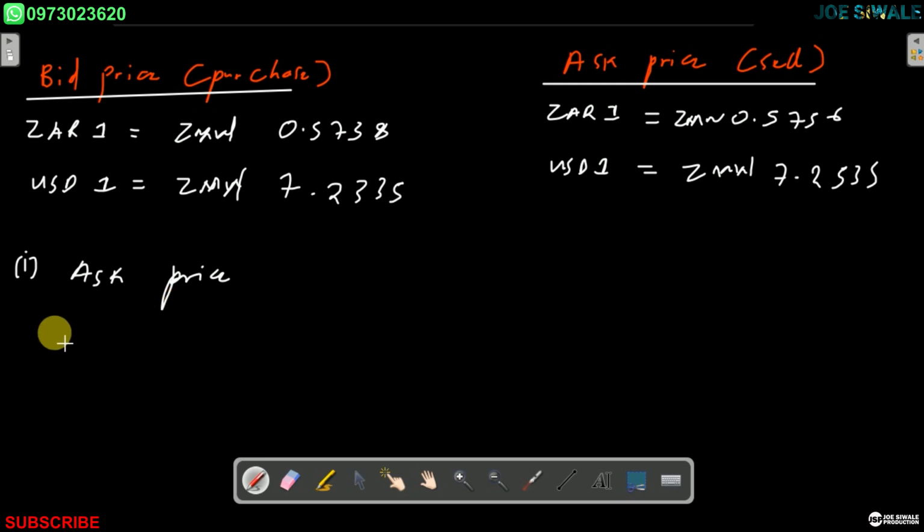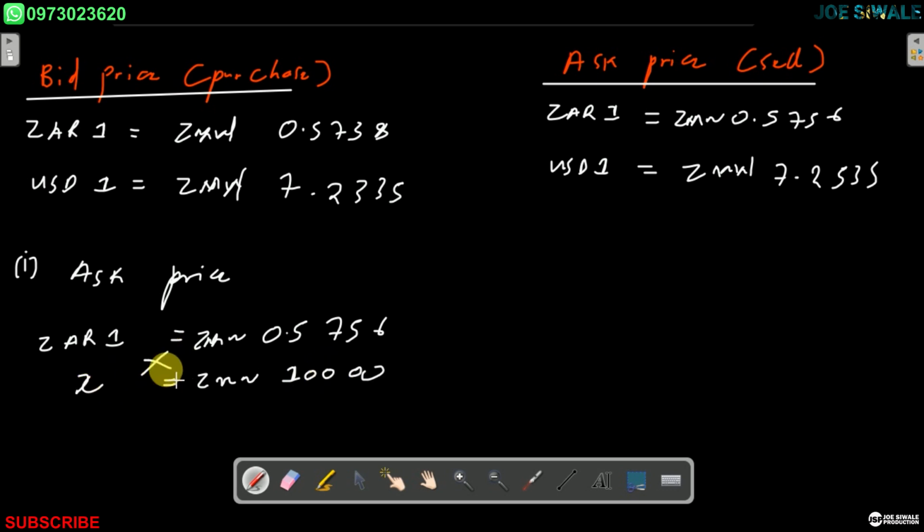So we will start with the first one. We have 1 South African rand is equal to 0.5756 Zambian kwacha. Then we are converting our 10,000 kwacha into South African rand. So what about 10,000 kwacha? We're going to cross multiply there, and we're going to have 0.5756x is equal to 10,000.